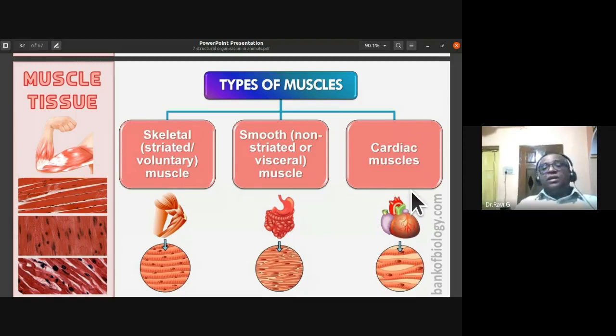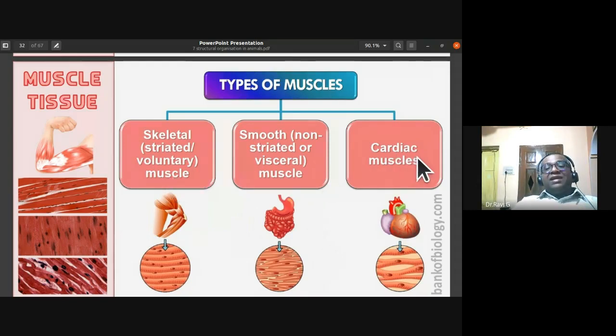The smooth or non-striated or visceral muscles are spindle shaped muscles with a centrally located prominent nucleus. These smooth muscles are non-striated, they do not have striations. That is why we call them smooth muscles, or visceral muscles, because they are concerned with various organs. Whereas the striated muscles we call skeletal muscles.